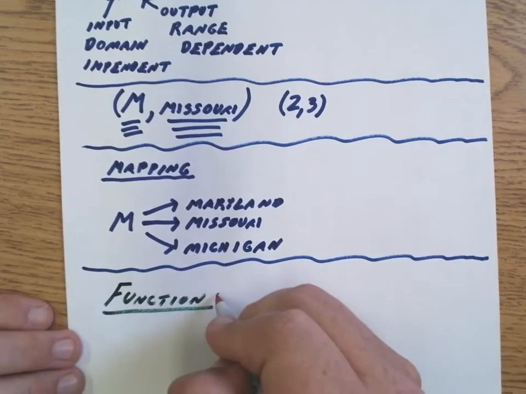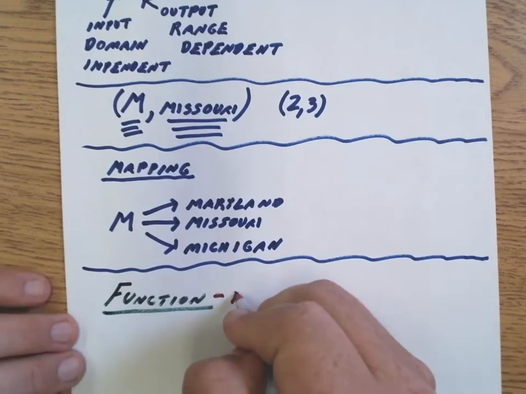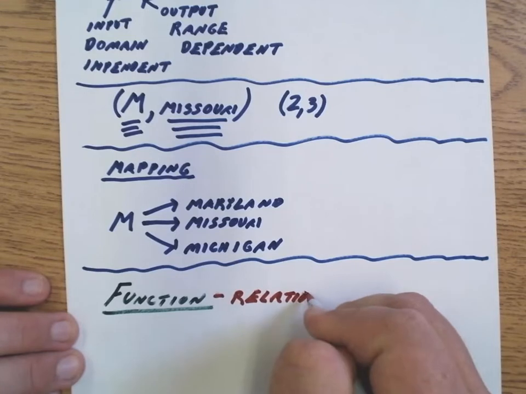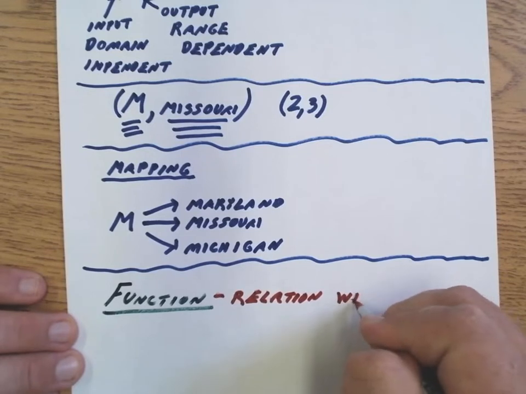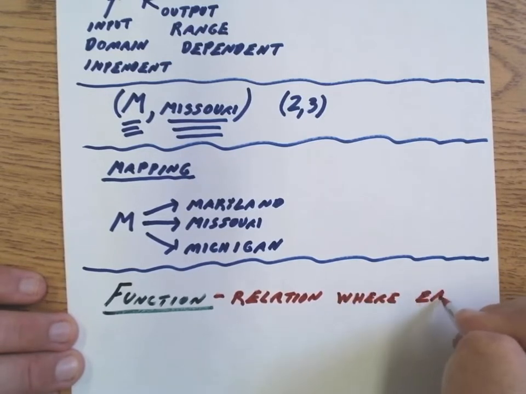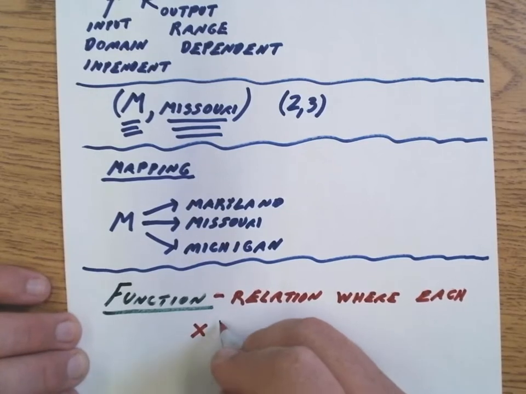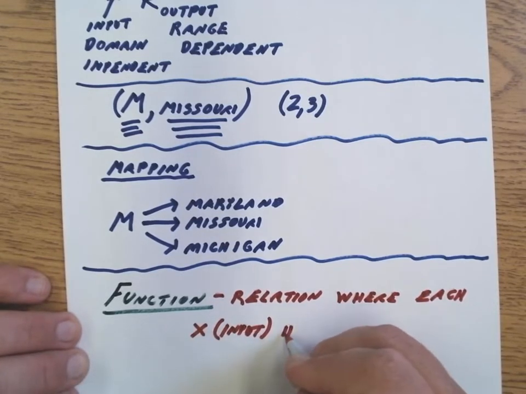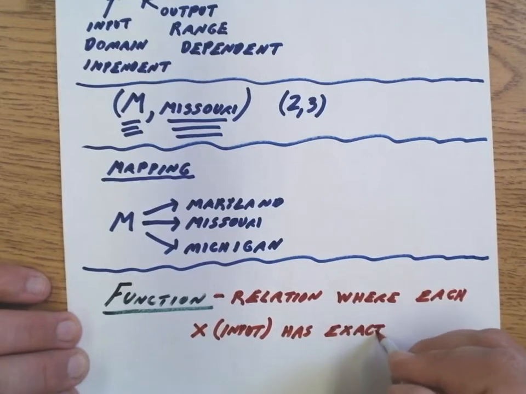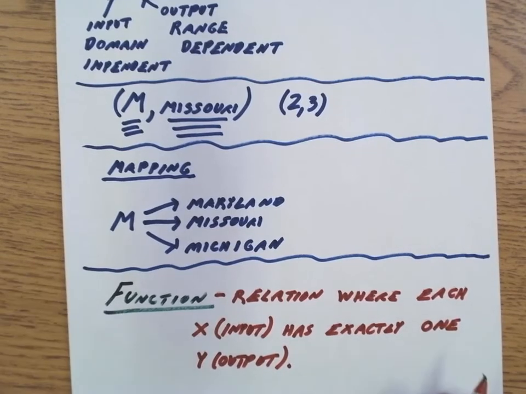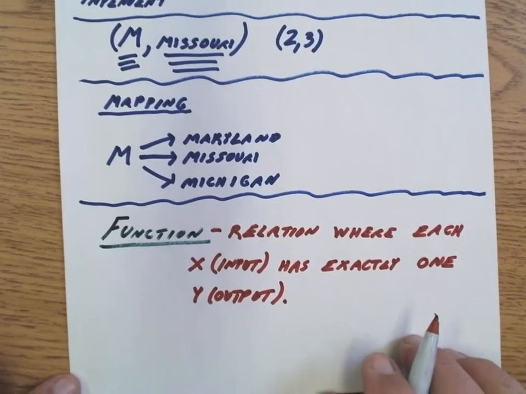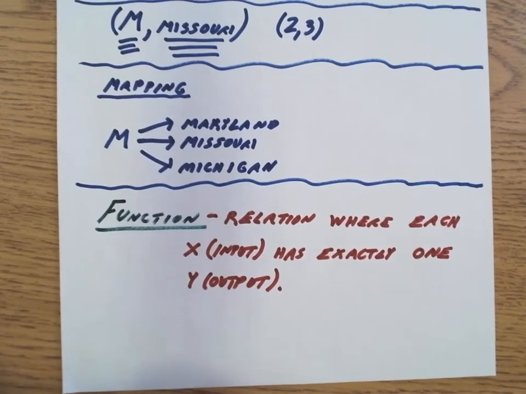A function is defined as this: it's a relation where each x or input has exactly one y or output. Function. Relation where each x or input has exactly one y or output.